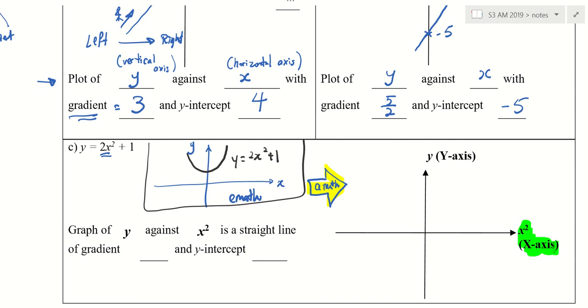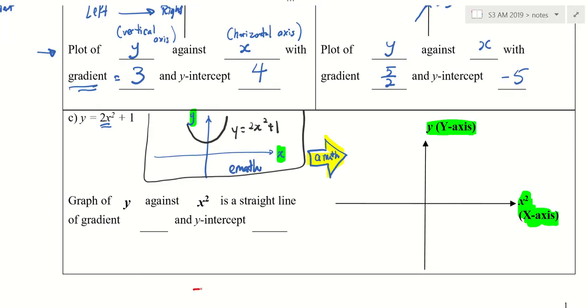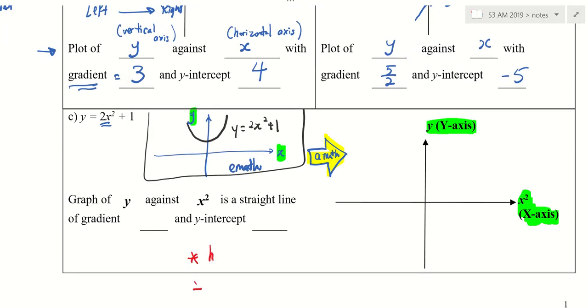Can you highlight the axes now? The vertical axis, is there any change? The vertical one is the same. What about the horizontal one? The horizontal axis got change. Maybe you want to write down, do you notice that the horizontal axis changed from x to x squared?